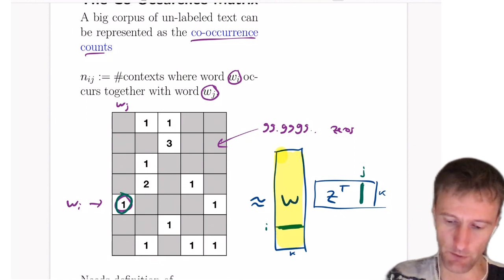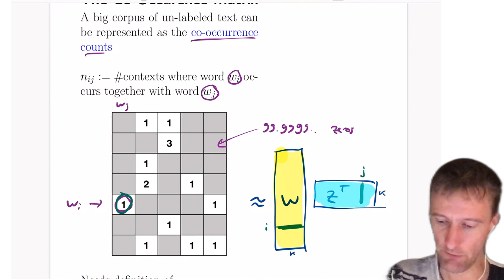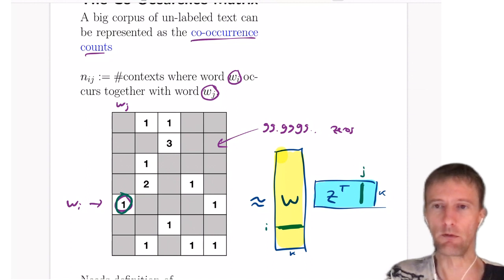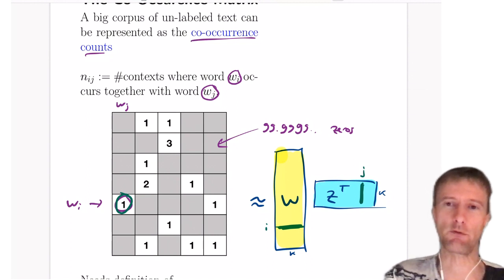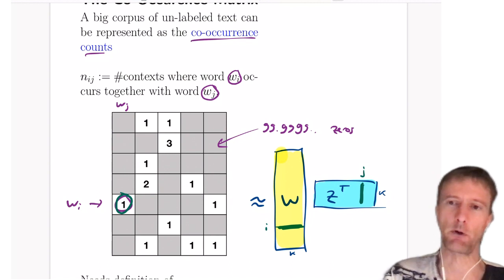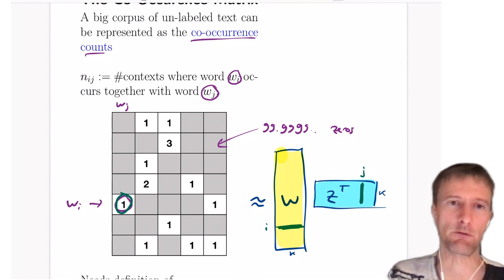So then for each word I, you learn a representation. Actually, you don't need both matrices. You can just throw away one of them at the end and extract your word vectors. So each row of this is a representation of a word. That's what we call a word vector. And you can just take these from one of the two matrices and throw away the other.